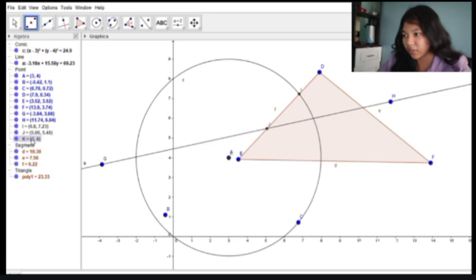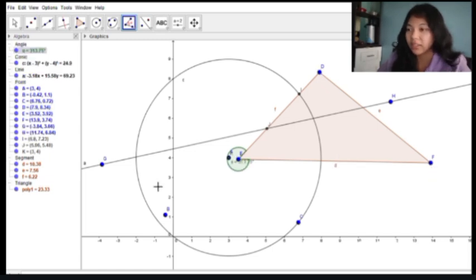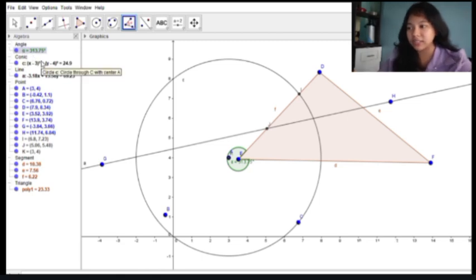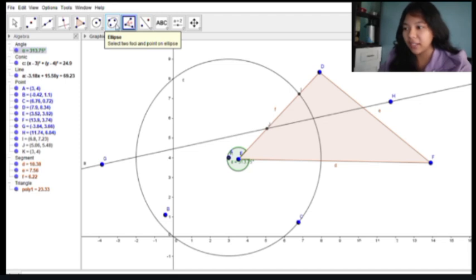We can also find the angles, just by pressing three points. See? Angle A. What I love about GeoGebra is you can just hover over the option and a prompt will be shown just like this.